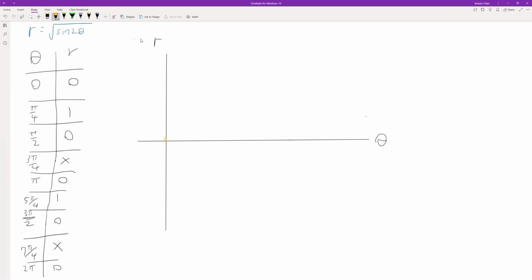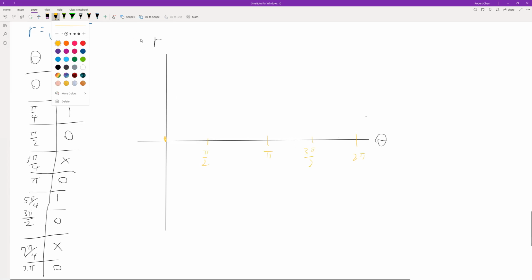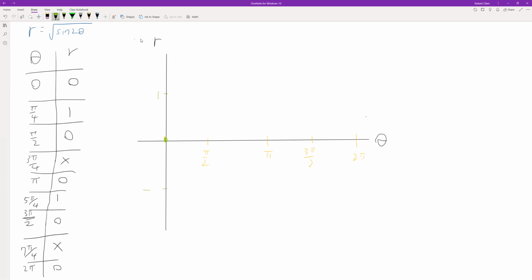0, 0. So let's say that's pi over 2, pi, 3 pi over 2, and 2 pi. All right, so 0, 0, pi over 4 and 1, right here.